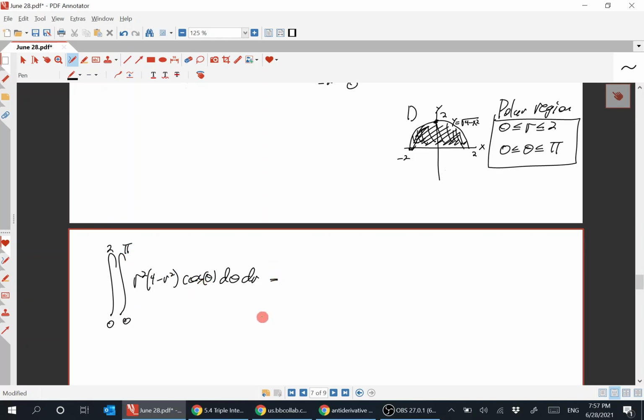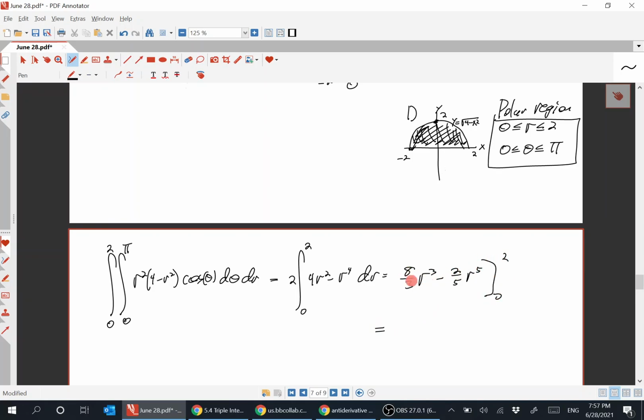All right, so now I've got the integral of 4r squared minus r to the 4th dr. So this would become, well, I'll bring through the 2, 8/3 r to the 3rd minus 2/5 r to the 5th from 0 to 2.